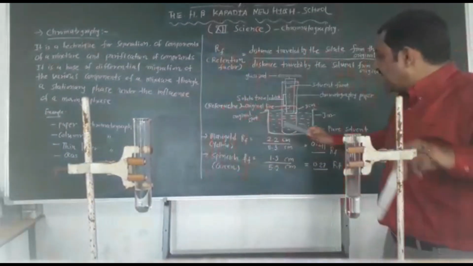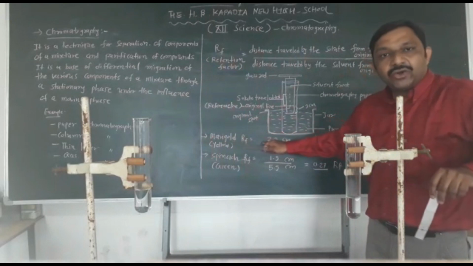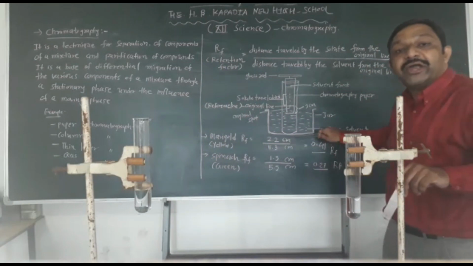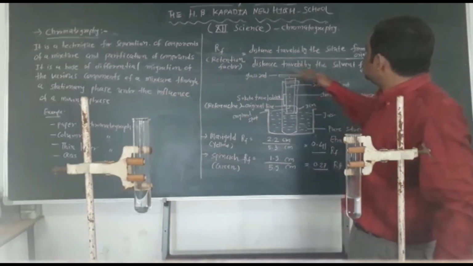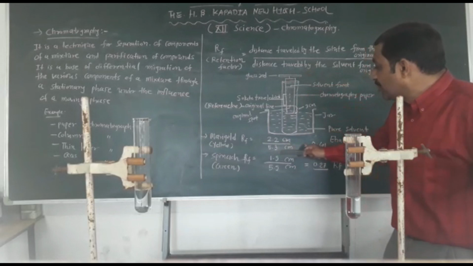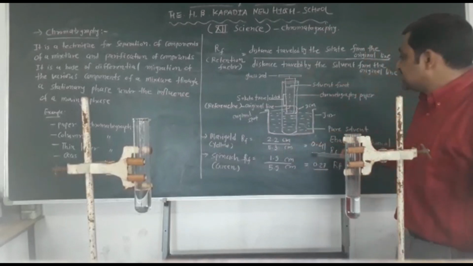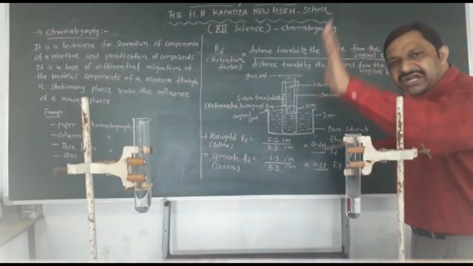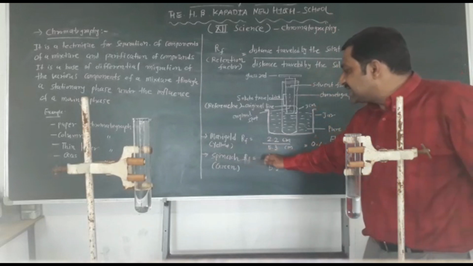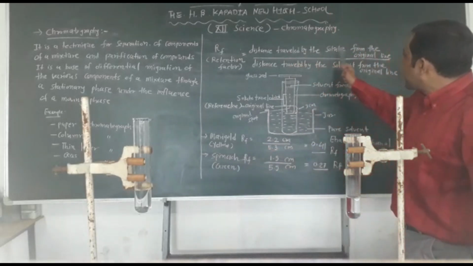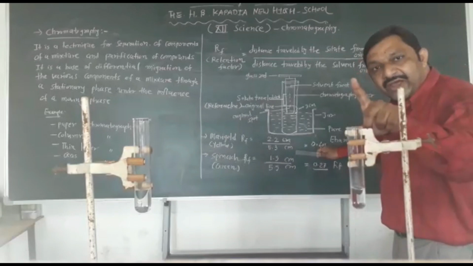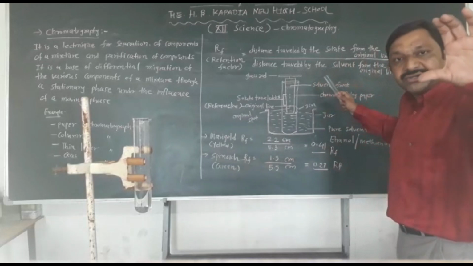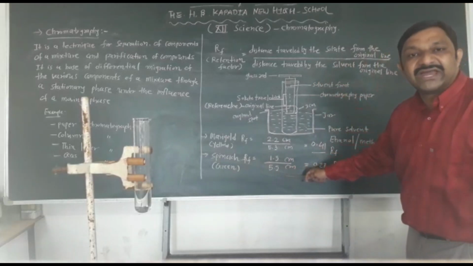Clear? Now RF value. In marigold, the distance traveled by the solute is 2.2 and the distance traveled by the solvent is 5.3, so your marigold RF value is nearly 0.41. In case of spinach, the distance traveled by the solute is 1.5 and by the solvent is 5.5 centimeter.